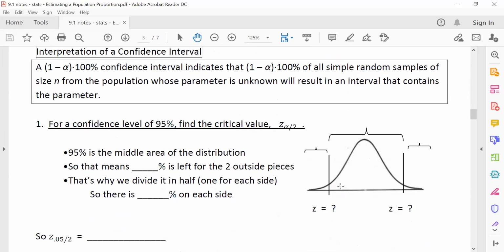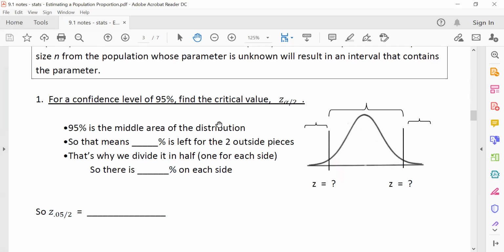So a 1 minus alpha times 100% confidence interval, let's say a 95% confidence interval, indicates that 95% of all simple random samples of size n from the population will result in an interval that contains the parameter. Again, that sounds like some double wording or vague wording just for the sake of being vague, which isn't entirely true, but it is a little bit confusing when you explain it in that light.